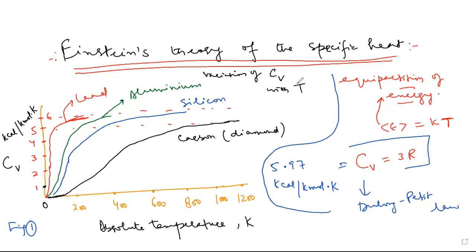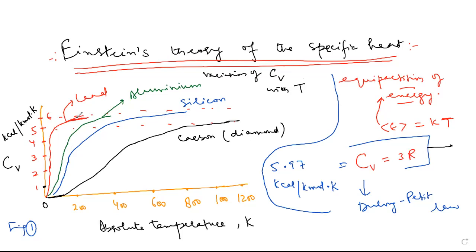So you can see experimentally all the curves are varying with temperature, which is not predicted by Dulong-Pettit law. There is no temperature dependence here. It is just CV equal to 3R.